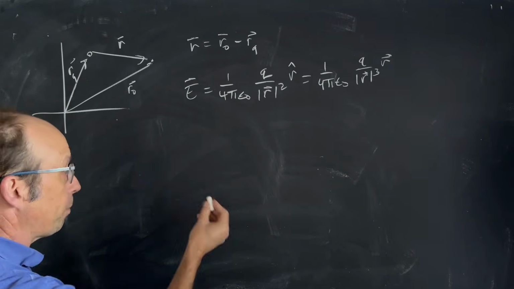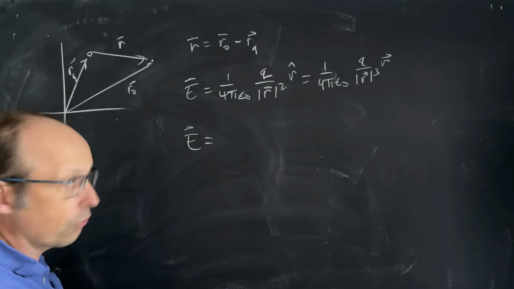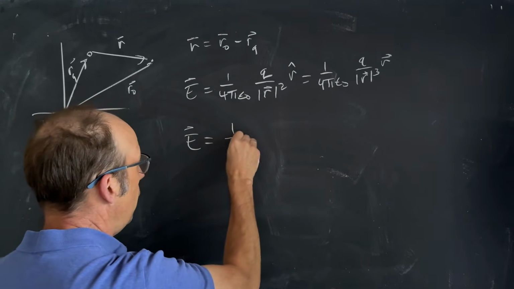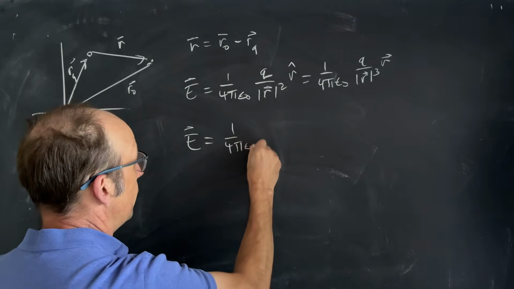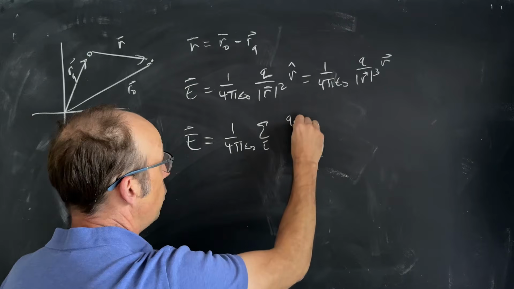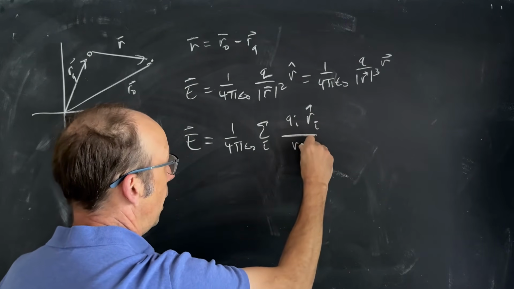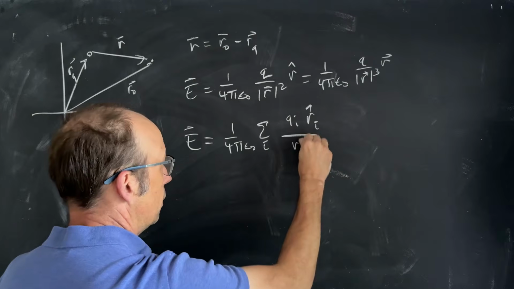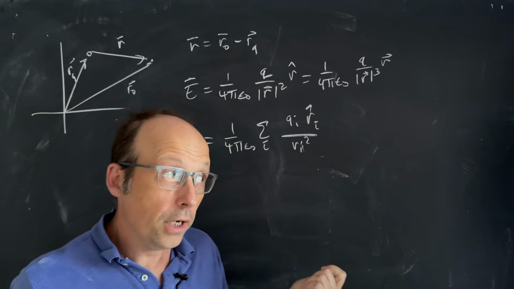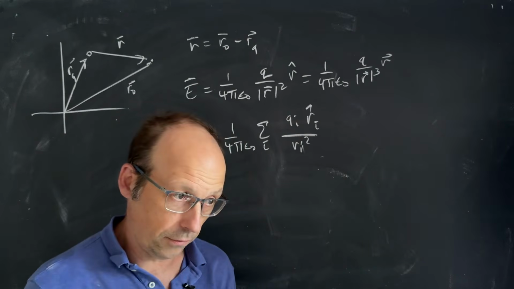Well, if I have multiple point charges, the electric field is 1 over 4 pi epsilon naught, the sum over i of Q_i R_i hat over R_i squared. So basically this just says if you have more than one point charge, the electric field is the vector sum of the individual electric fields.